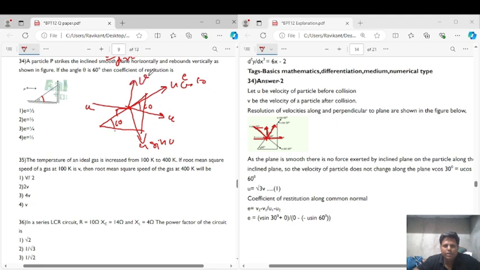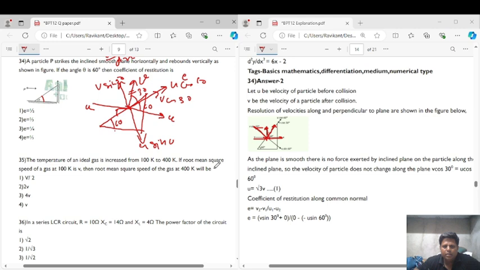So if this is v, and this is 60, this will be equal to 30. When we resolve v along the plane, we get v cos 30, and perpendicular to the plane, v sin 30, right?